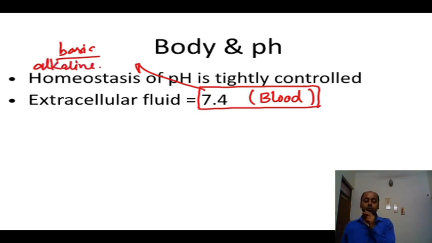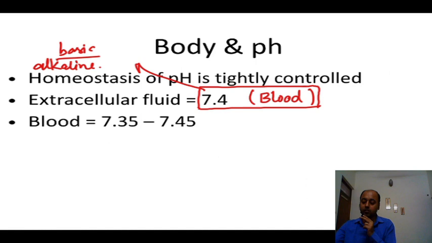We don't call it basic, rather we call it the body pH or the physiological pH. The range for this value is 7.35 to 7.45, and like I said, the body will very tightly regulate this pH.